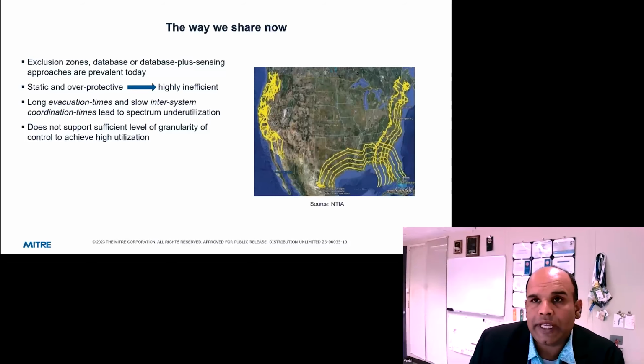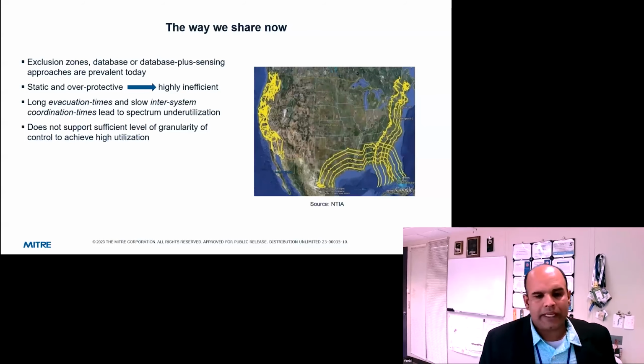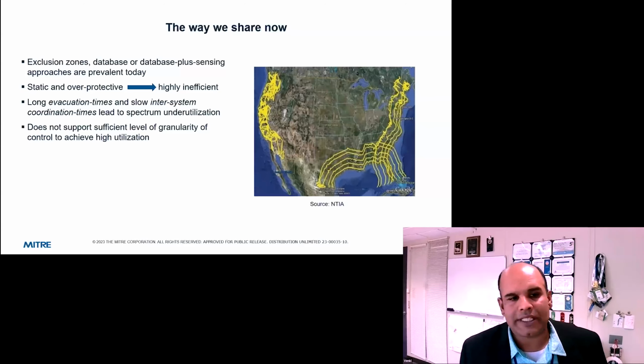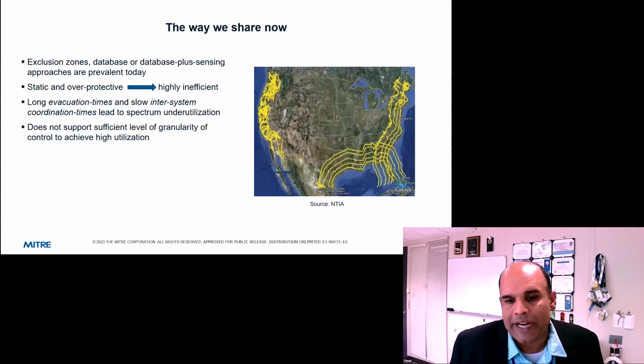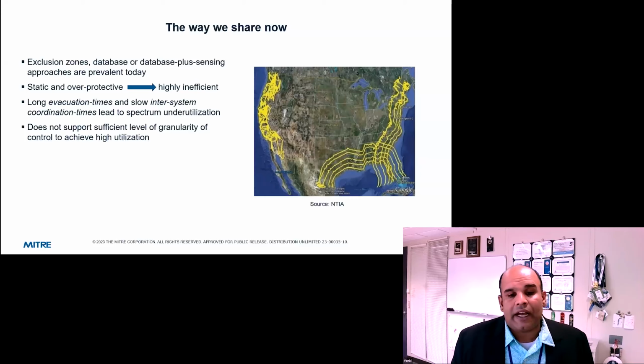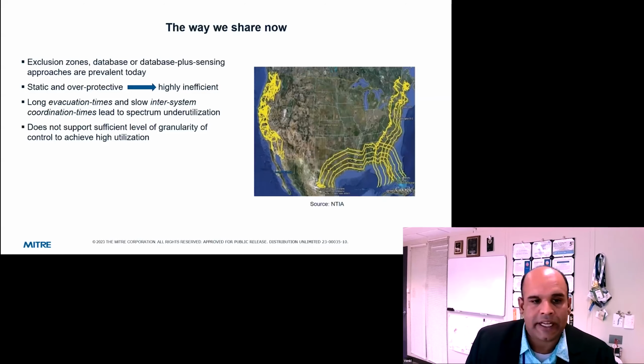And also the models that are used are very primitive. Those were developed in the 1950s and 60s, and don't take into consideration all the new information that we have. So CBRS as well as this database-based approach is good, but it's not really good enough to take advantage of all the advanced capabilities that we have. And it is not really operating at the level of efficiency that we need.